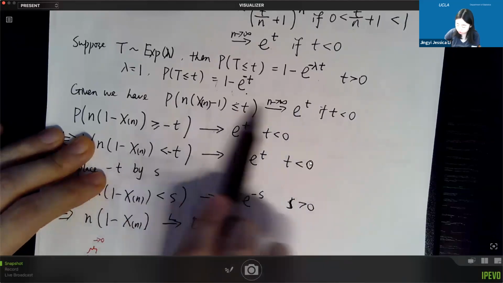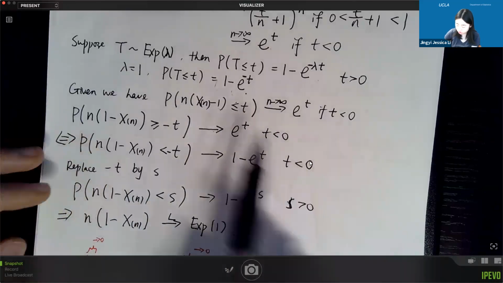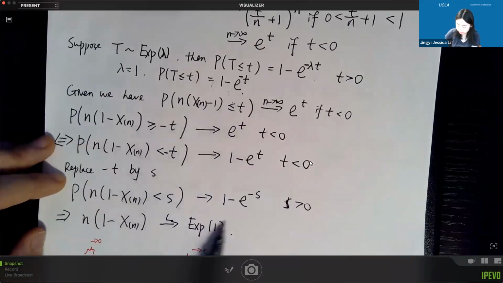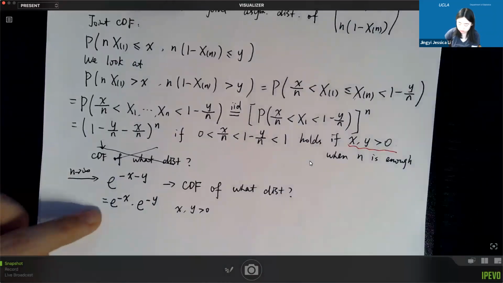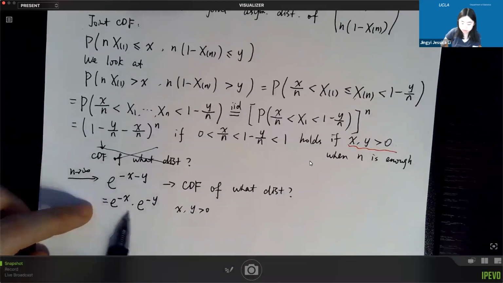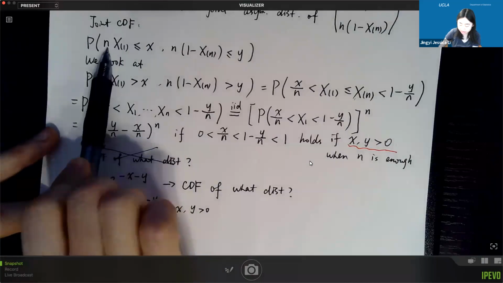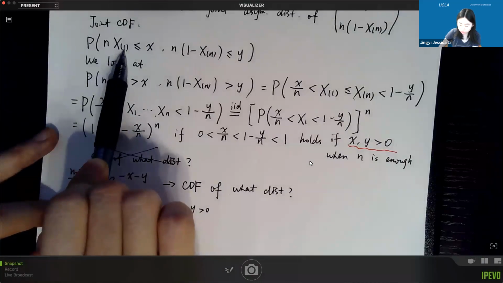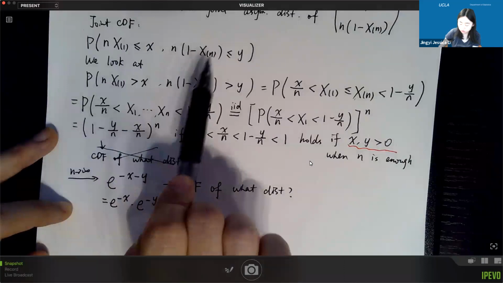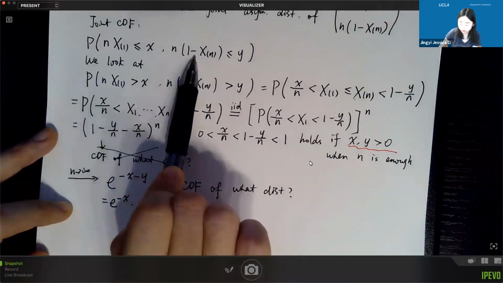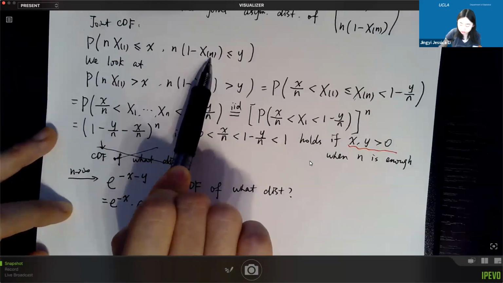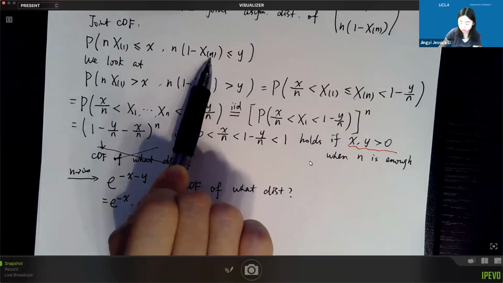And we actually show that if we change the sign, we get the CDF of the exponential distribution. So here, we want to use a similar argument. We know this n times x1 is converging to exponential 1. So is n times 1 minus xn. Then the question is, how about their joint distribution?